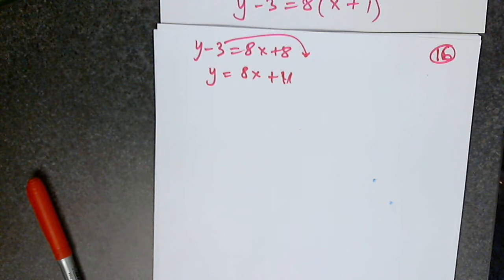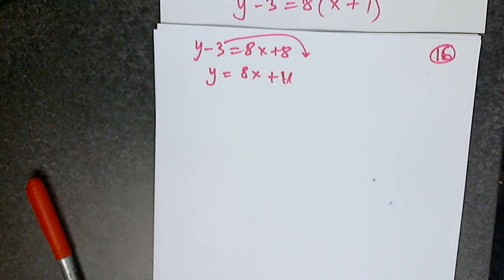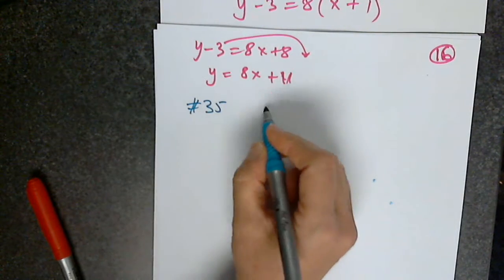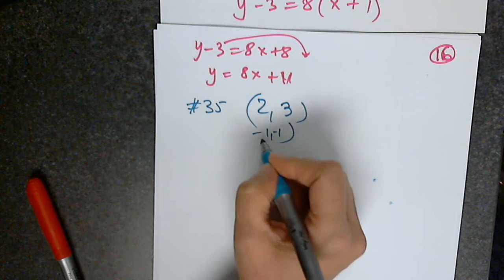Any questions on this? I'm sorry? Yes, of course. Pick any point you want, or if you want, I can pick. Oh, yes, you will love this. No, because it's 0, 0, I don't want to use that. Okay, let's say 2, 3 and -1, -1.